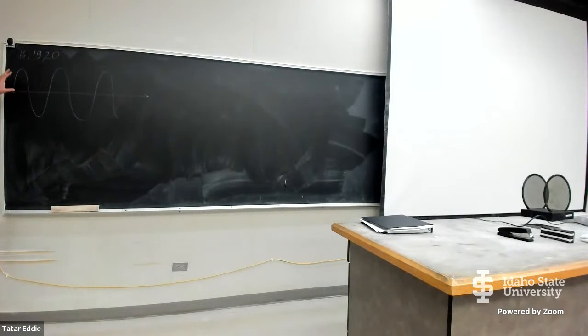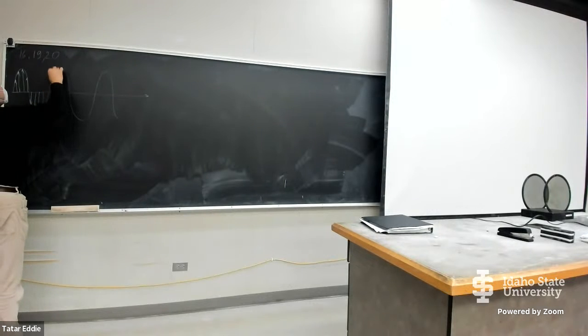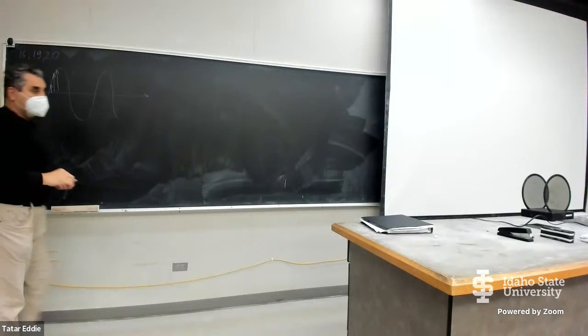This pattern is the envelope of the electric field vectors. Electric field vectors are like this, and so on. Let's not draw all of it.